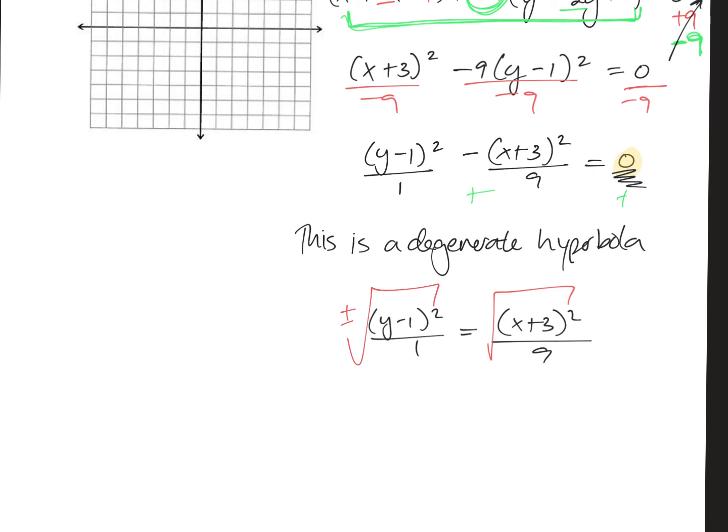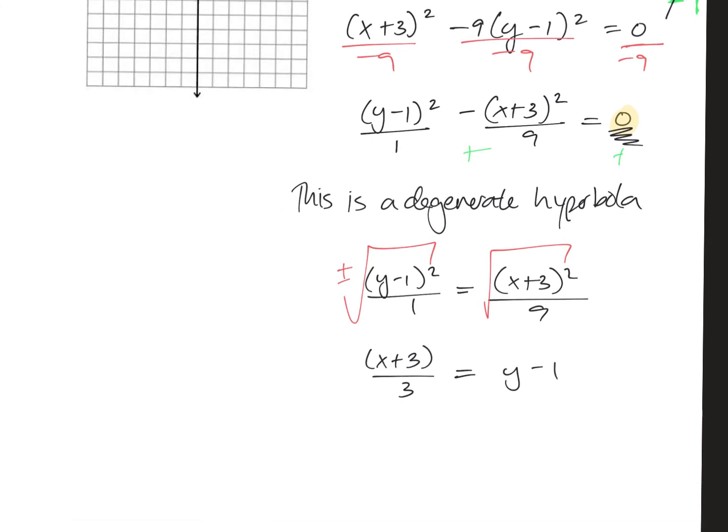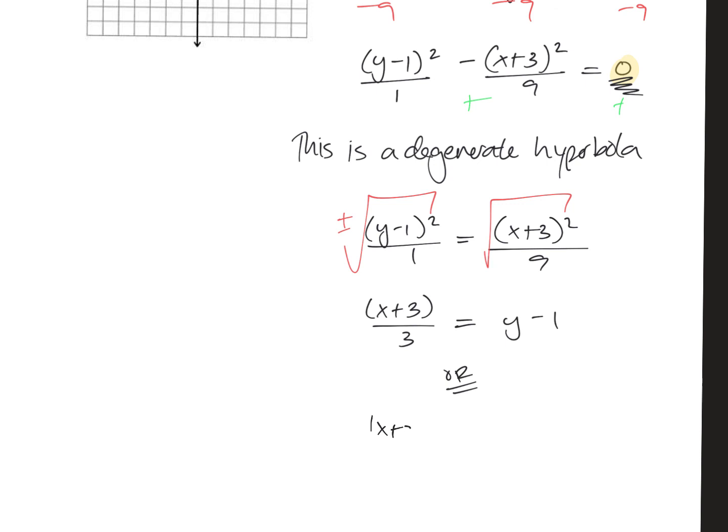I would end up with (x+3) divided by 3 equals y minus 1, or (x+3) divided by 3 equals negative (y-1).